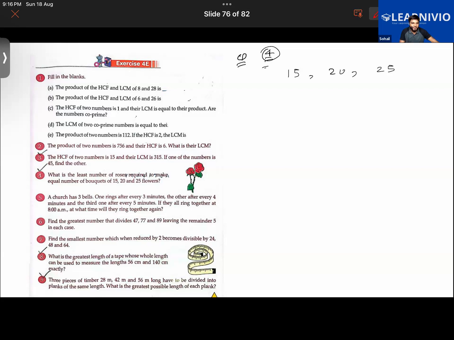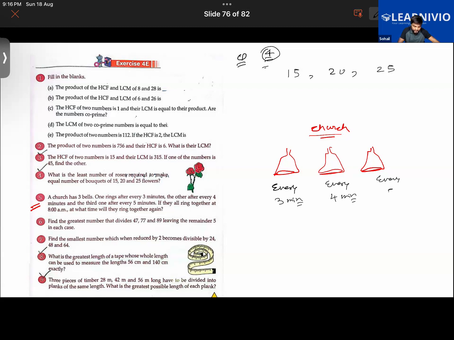Then moving on to question number 5. Question number 5 says that a church has 3 bells. One rings every 3 minutes, another every 4 minutes, and the third every 5 minutes.